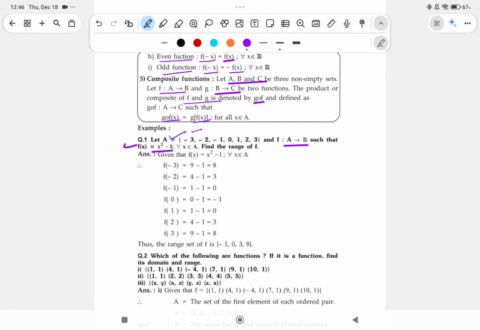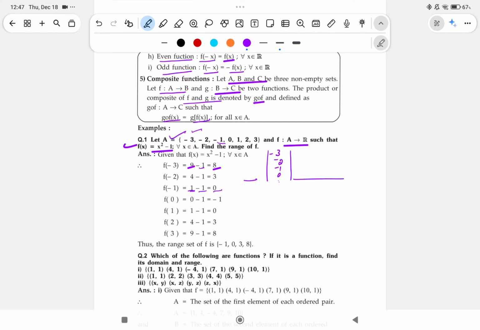As you put minus 3 over here, you get minus 3 square is 9, then minus 1, and you get the answer 8. Then if you put minus 1, minus 1 square is 1, minus 1, this comes out 0. In a similar manner, you will put everything in the machine, these numbers minus 3, minus 2, minus 1, 0 and so on.